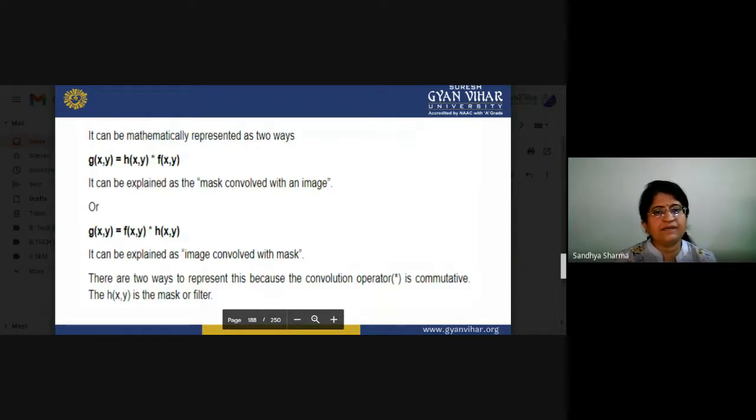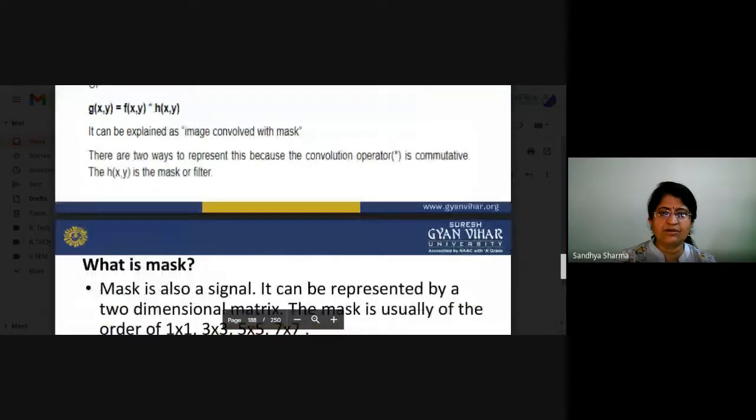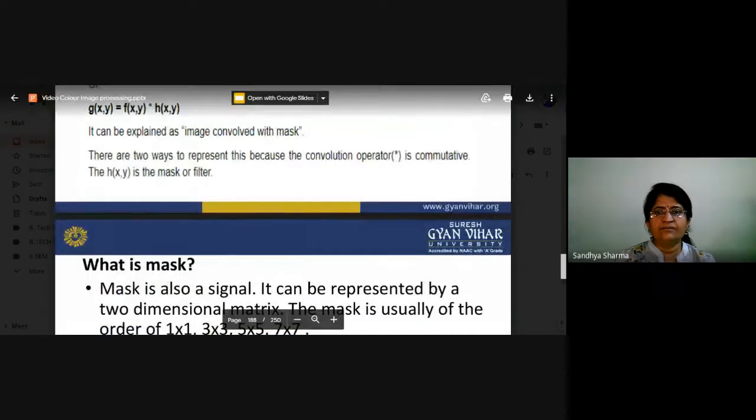It can be explained as the mask convolved with an image, or an image convolved with the mask. There are two ways to represent this because convolution is commutative, and h(x,y) is a mask or a filter.